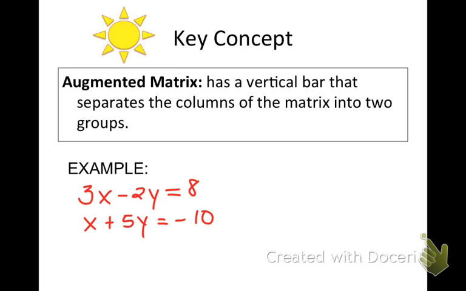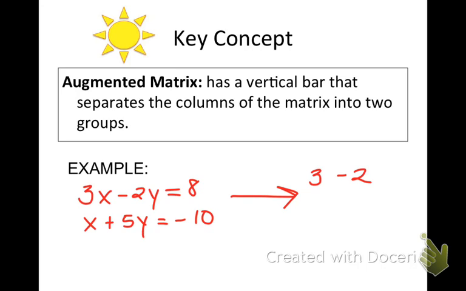To do that, I would create a square matrix out of the coefficients of my variables, and then I would turn it into an augmented matrix by putting my vertical line where the equal sign is, and my constants would be on the right of it. So my coefficients are 3, negative 2 for my x and my y.